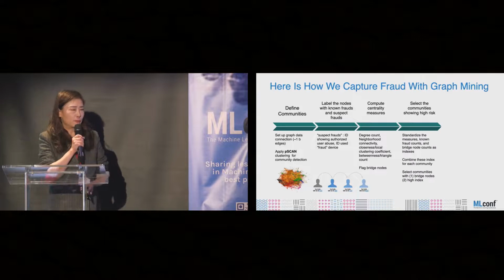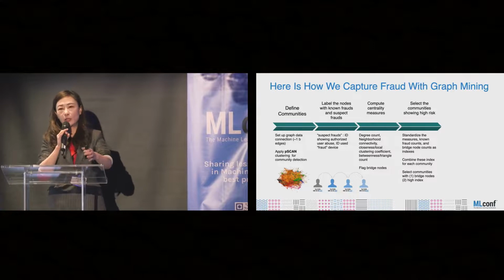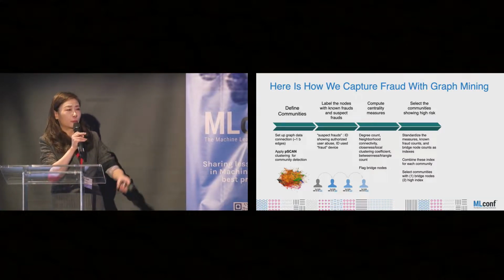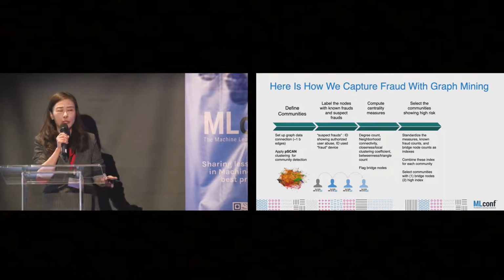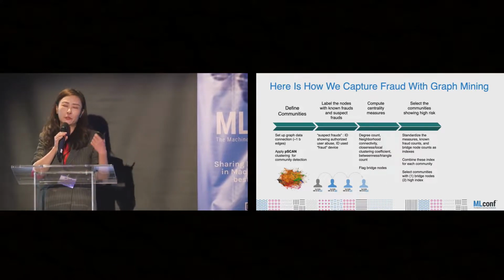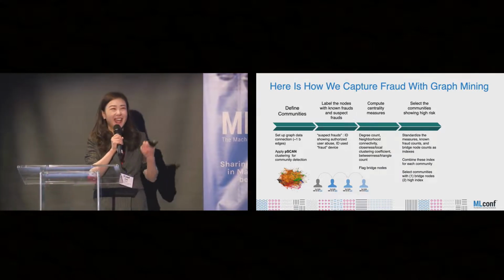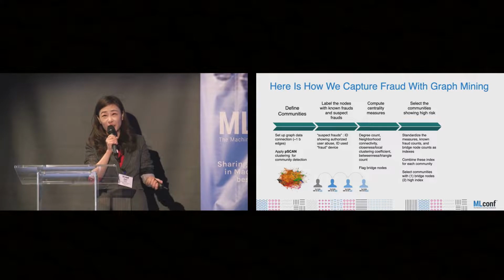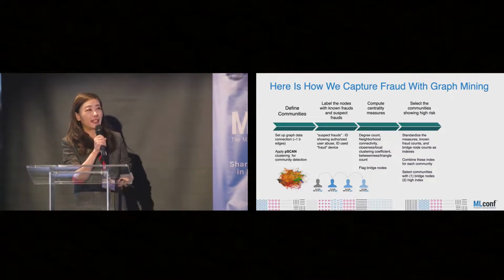Next, for every single community, we create what we call the community risk index. We combine the centrality measures, known fraud counts, suspected fraud node counts, and bridge node counts all together to define the community risk index.